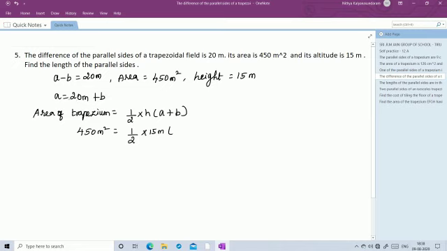The a value we got is 20 meter plus b. So 20 plus b, then b as it is, you can keep it b. 450 meter square is equal to half into 15 meter into (20 plus b plus b), it's 2b.